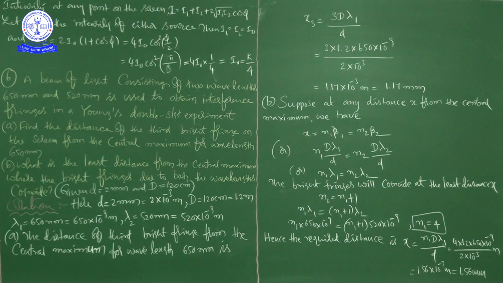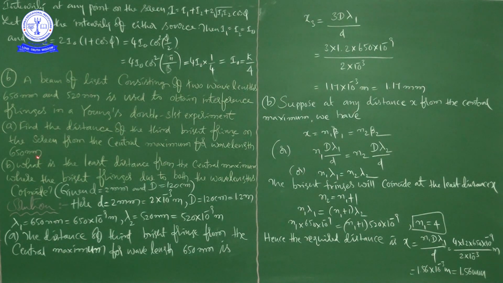So finally the distance of the third bright fringe from the central maximum for wavelength 650 nanometers is 1.17 millimeter, whether you take it as 1.17 into 10 to the power of minus 3 meters or 1.17 millimeters.